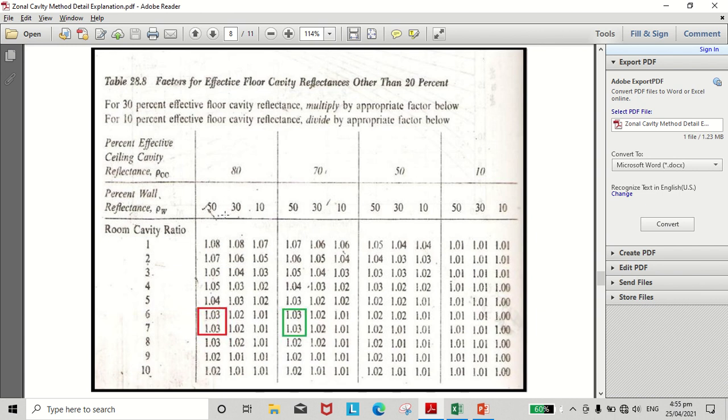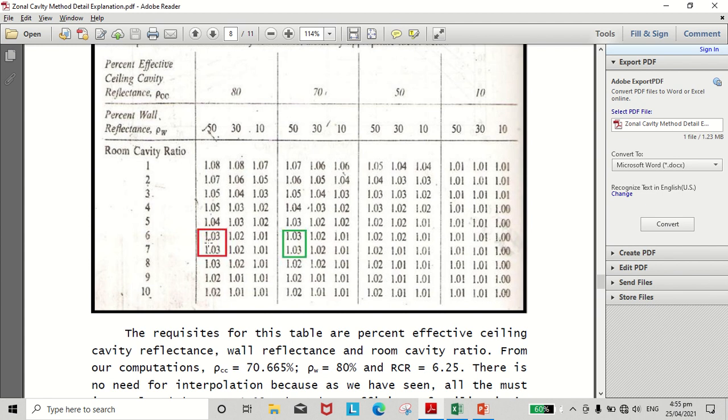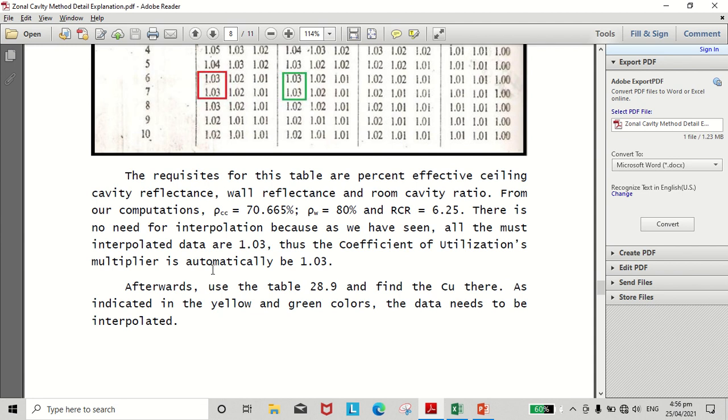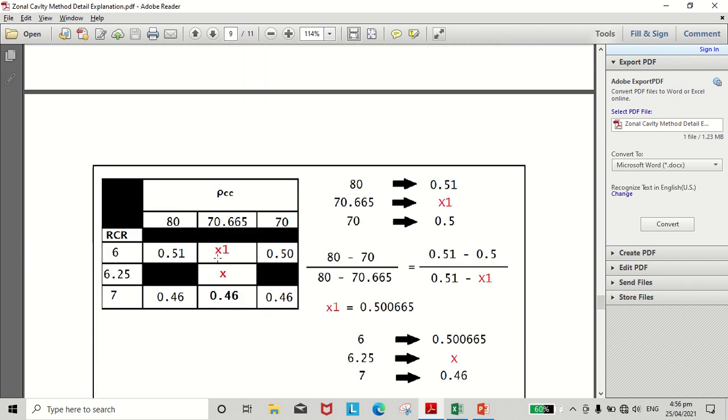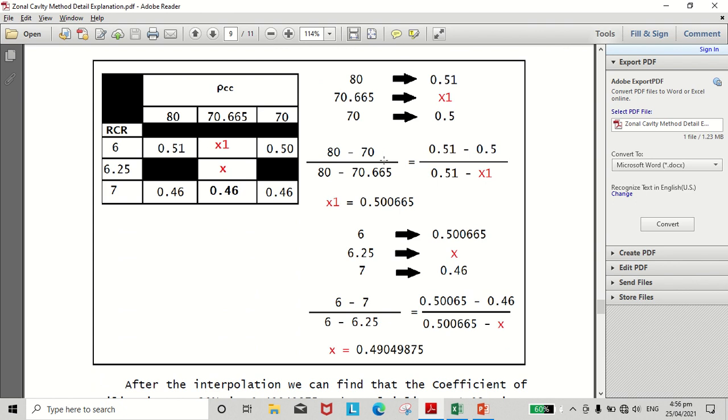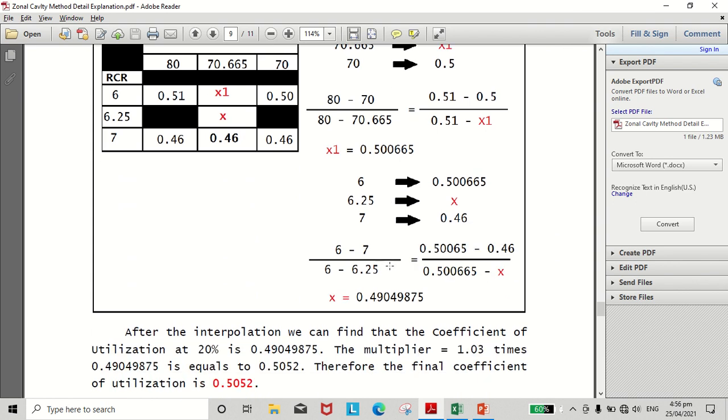So 80, then 50, in between 1.03 and 1.03, so they are the same. This is the room cavity ratio we will use. After we calculate the coefficient of utilization, we use interpolation to find it.